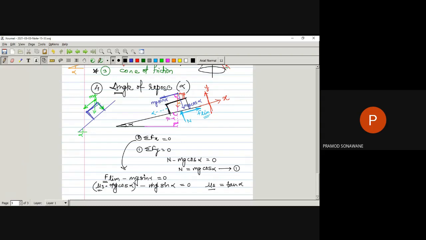But what is mu s as per the angle of friction? Tan of phi. Yes, it is tan of phi. So what can I conclude? Tan phi is equal to tan alpha.